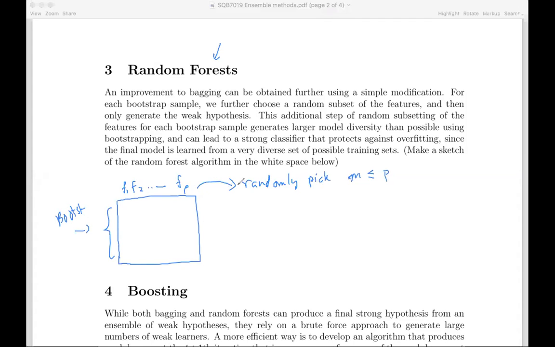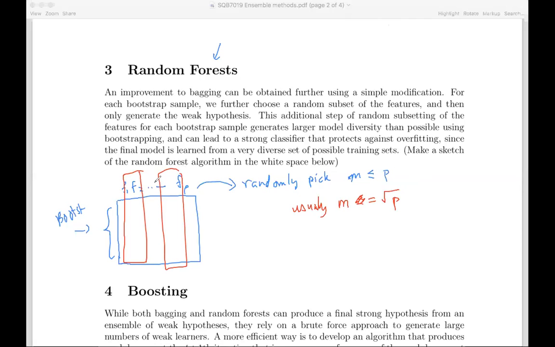So what random forest actually does is that it tries to weaken the weak learner furthermore by only taking a random subset of your features. So usually m will be taken to be like square root of p.